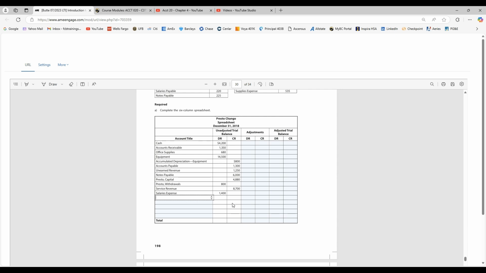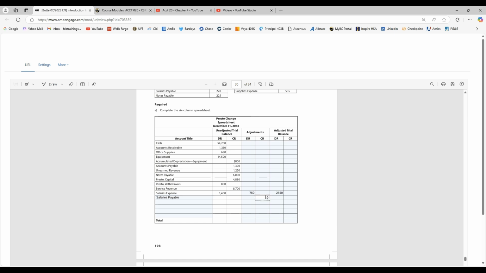Okay, so for our first adjustment, we're going to be accruing salaries of $750 that were not paid yet. And so we're going to want to increase salaries expense, and we're debiting, adding a debit to increase it. That leaves us with $2,150. And we don't yet have a salaries payable account, so let's go ahead and input that now.